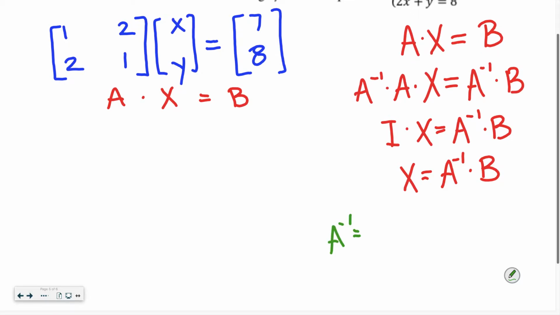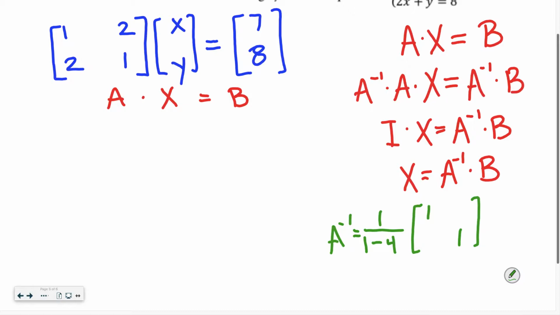Okay. So we have 1 over, this first product is 1, minus our second product is 4. Times, we switch A and D. Real exciting, right? They're both the same. Okay.